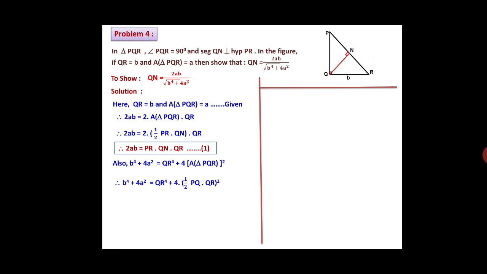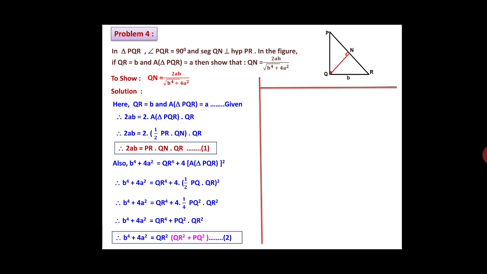Again we are substituting the area of triangle PQR. Simplifying, b to the fourth plus 4a square is equal to QR to the fourth plus 4 times 1 upon 4 the square, PQ square into QR square, the 4 gets cancelled. What you are getting is b to the fourth plus 4a square is equal to QR to the fourth plus PQ square into QR square.